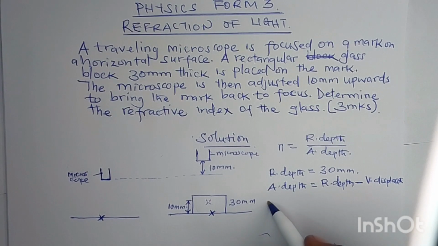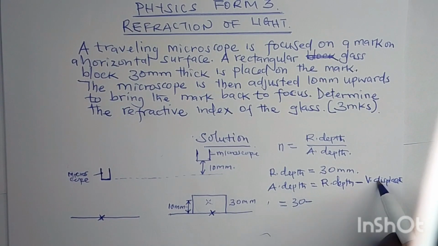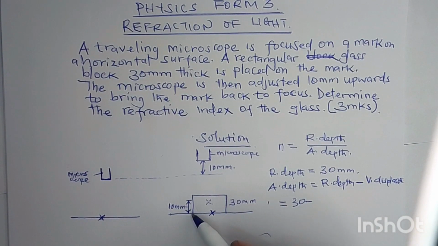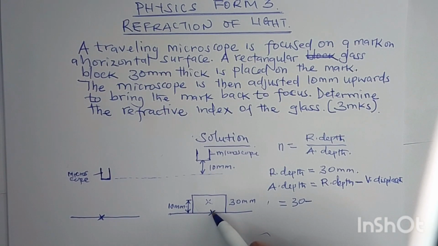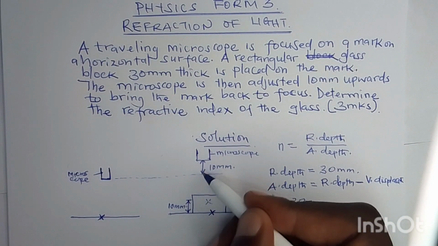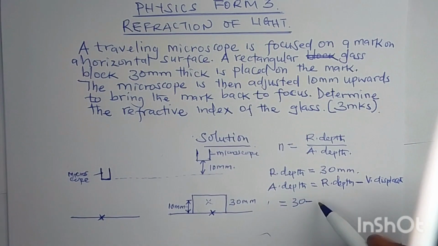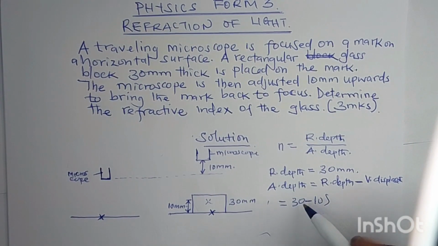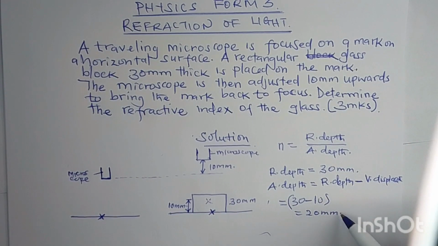So my apparent depth will be 30, I subtract the vertical displacement, which is the displacement that this object was given when the glass block was placed, which I've said is the same as the distance through which the microscope is adjusted upwards. So 10. This gives me 20 millimeters.